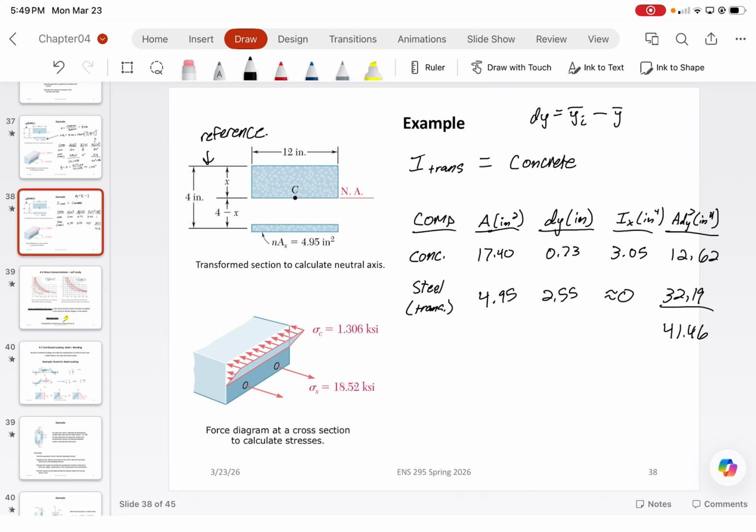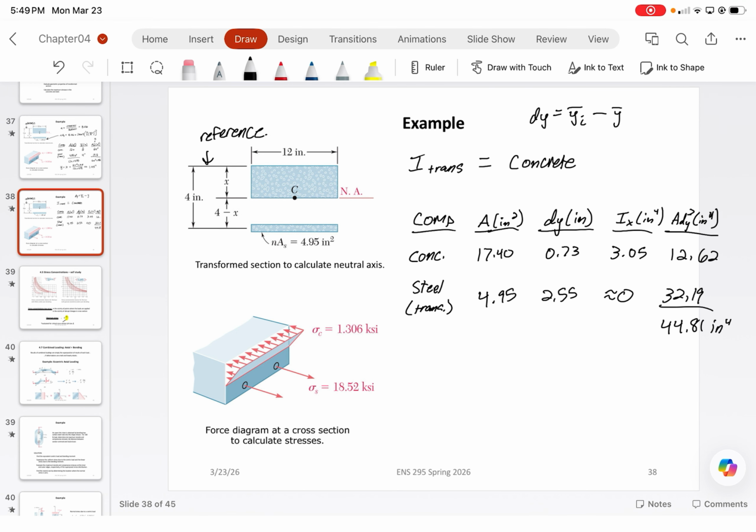So I think I made a math error. And then this added to 32.19 gives us 44.81, give or take. So I think I made a math error initially. No, I think it's just all the round off. And that is going to be in terms of inches to the 4th.